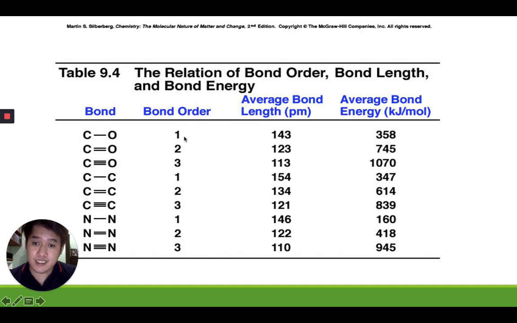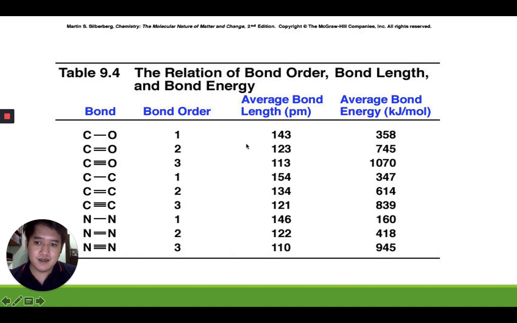As bond order increases, the average bond length decreases, so it becomes shorter, meaning the triple bond has the shortest bond length. But look at the relationship between the bond length and the average bond energy. As the bond length decreases, the average bond energy increases.